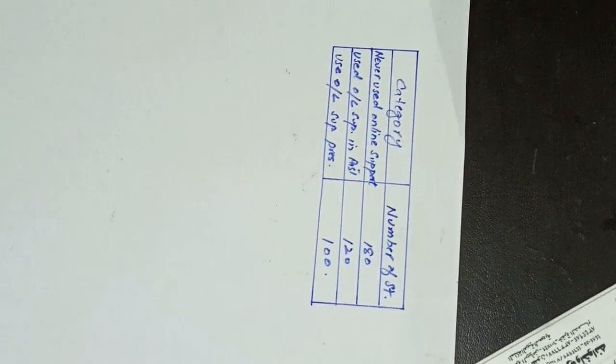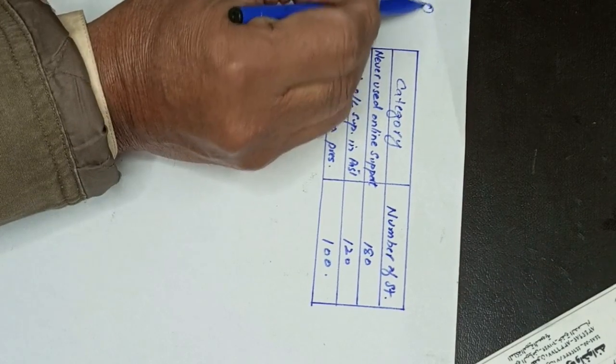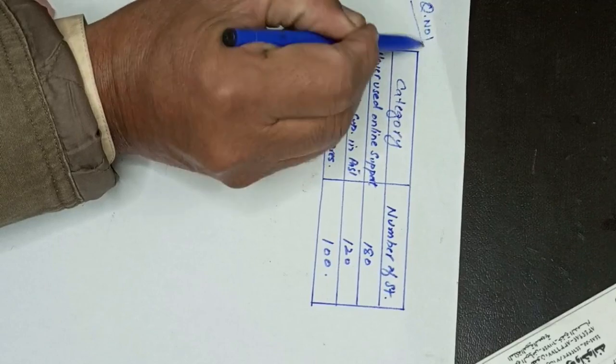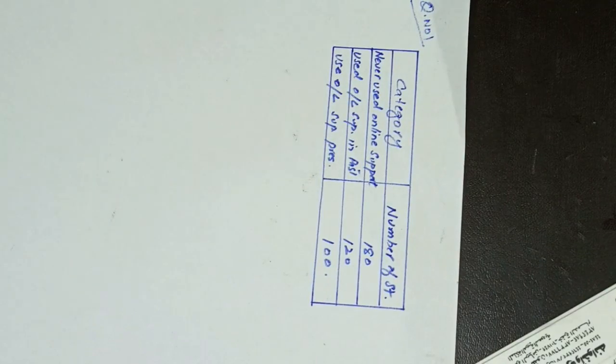Now question number 1, and there is a table given. Let me reproduce the table first and then I'll go further. This is the chart given for question number 1, and we have to make a pie chart of it.